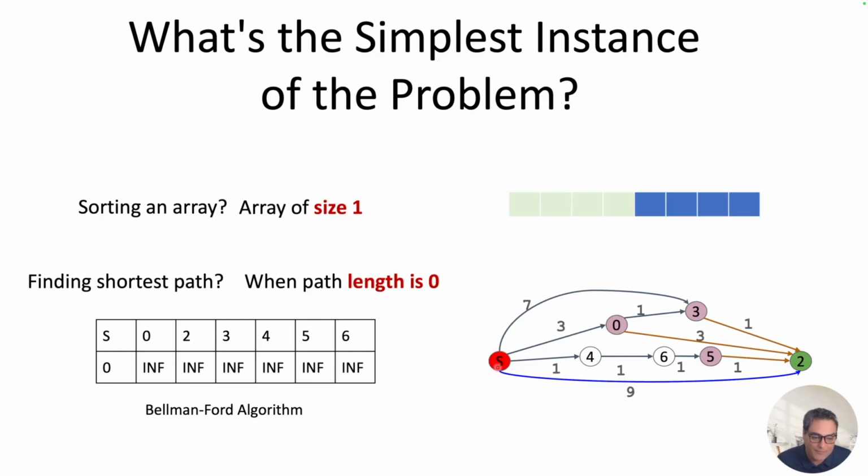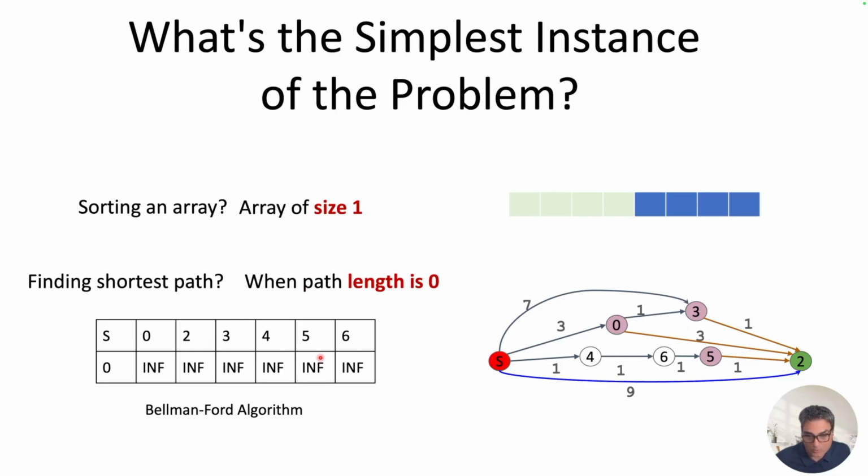So the shortest path from S to itself is 0. The shortest distance from S to itself is 0 when my path length is 0. But the shortest path of S to any other node doesn't exist under this assumption that the length is 0. So there you have it. We just found the shortest path of S to any other node in the graph under this simplified assumption. I know it's not practical, but this is the simplified assumption.